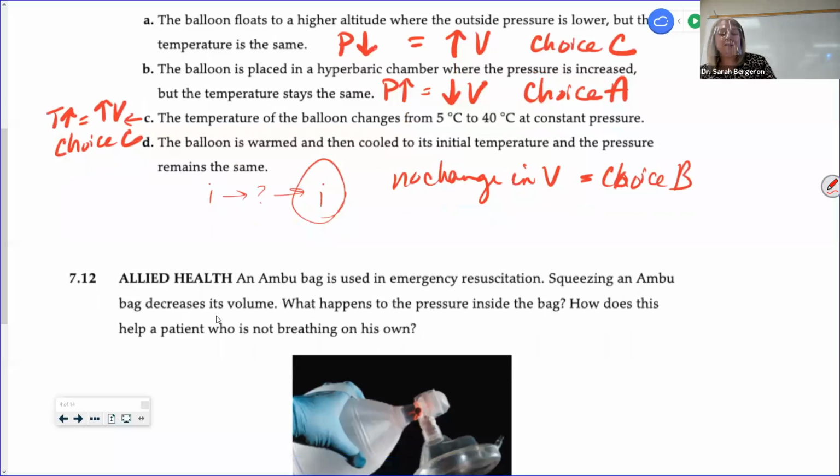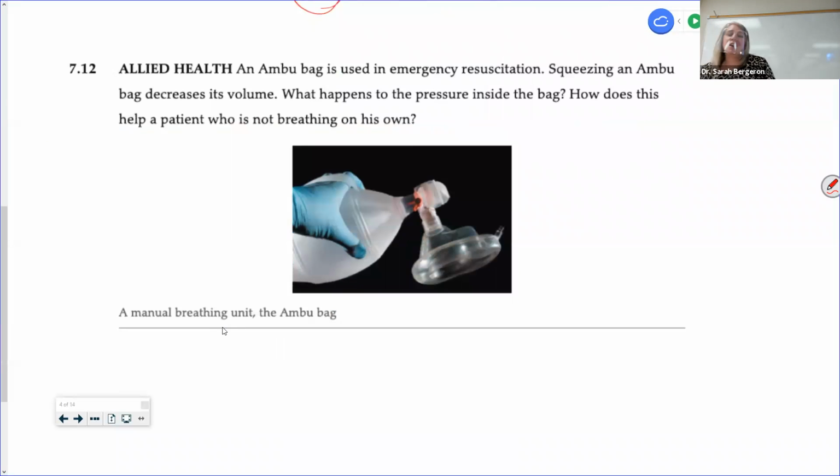Let's see. Oh, this is really cool. Okay, an Ambu bag. This is used in emergency resuscitation. So this is a good practical application of all these gas laws, right? So if you squeeze this bag, what you are in effect doing is decreasing the volume, right?